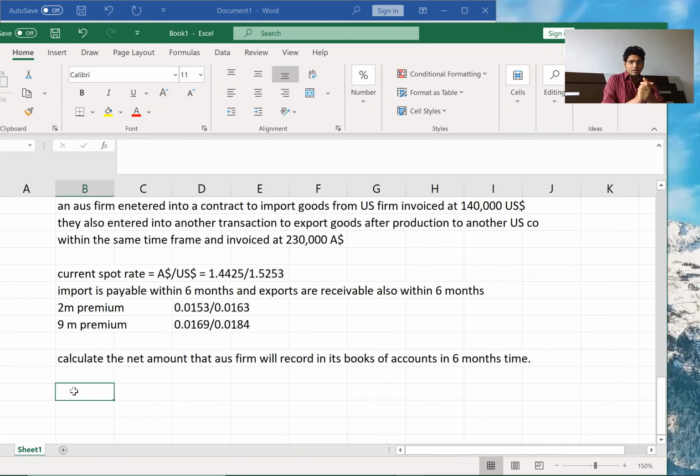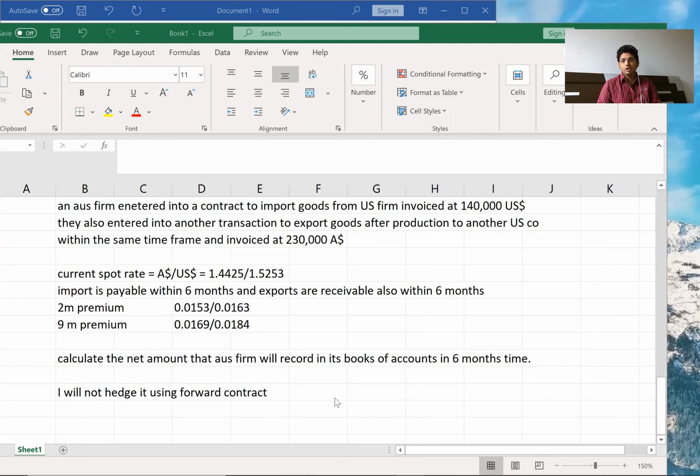The first thing: if I'm an Australian company and the invoice is in Australian dollars, correct? I will not hedge it using a forward contract. I will use the forward contract only for foreign currency.